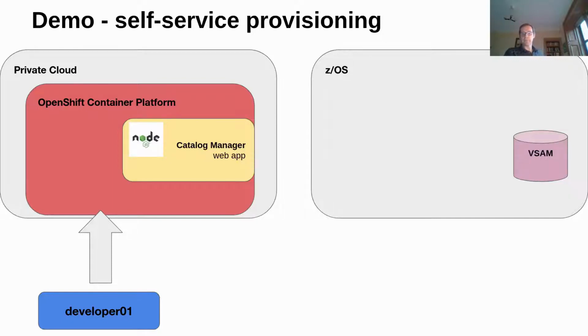Although I could deploy the VSAM data using cloud provisioning and management, just to shorten the demo, I've pre-provisioned the VSAM files for this demo. But as we go through it, I'll show you how it would be possible to deploy the VSAM data as well as part of the application.